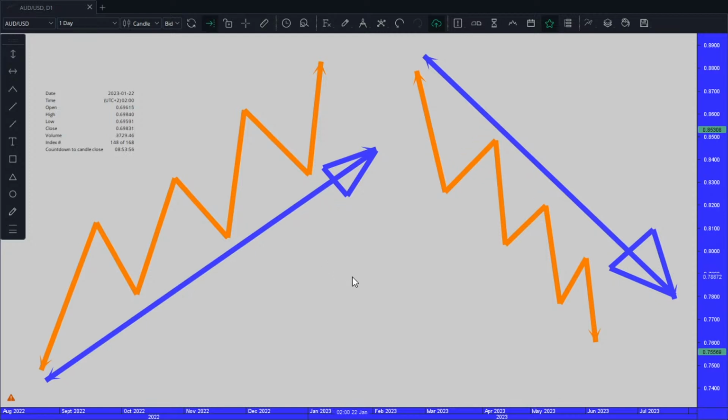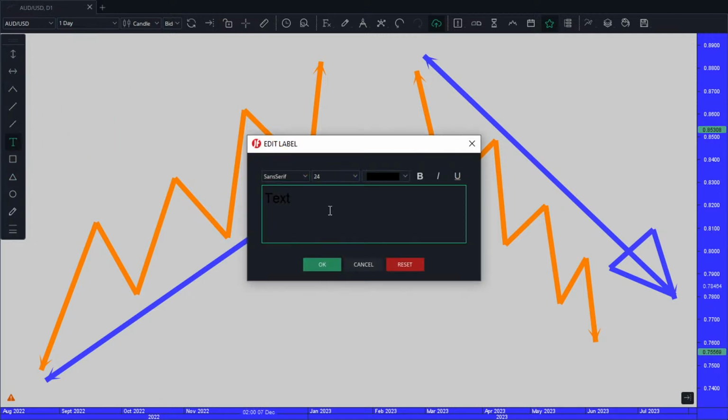Okay, now what is a counter trend line, everybody? Trading slash charting concept.